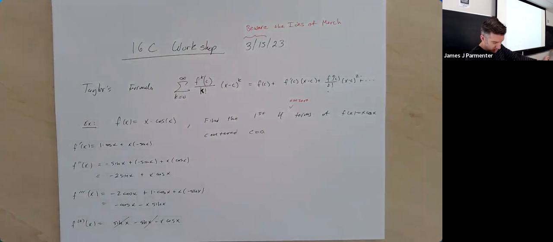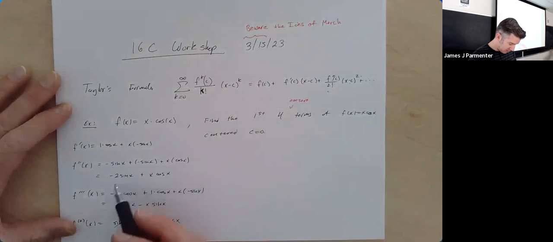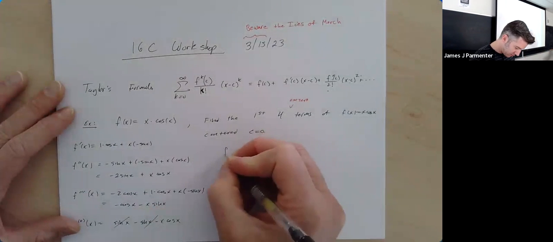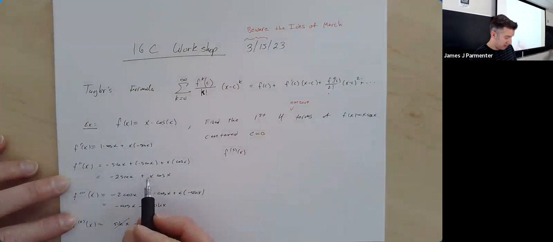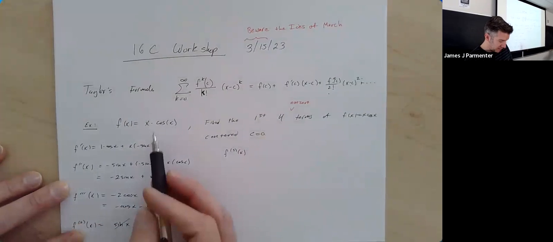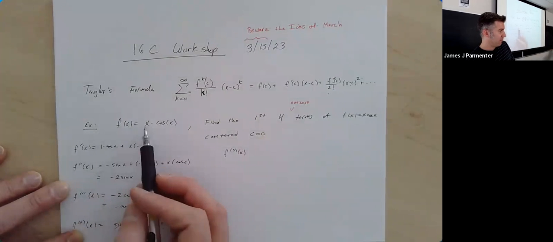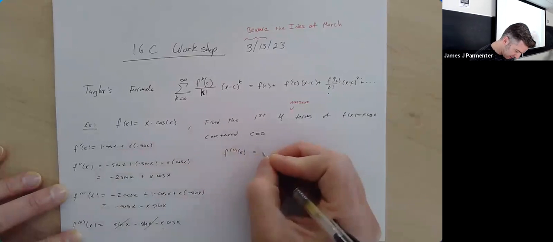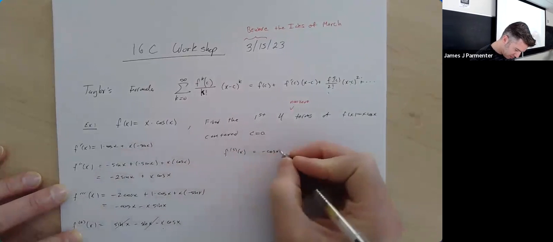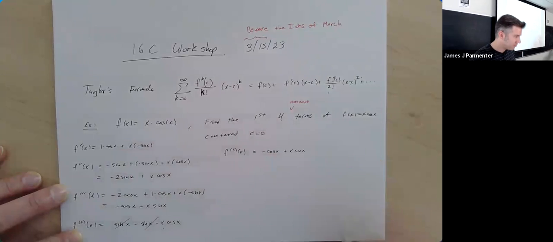So having noticed this, having lucked out, I can say with confidence that my next derivative should just be the negative of that derivative. If my fourth derivative is negative x cosine x, and the function really is x cosine x, then my fifth derivative should be negative cosine x plus x sine of x.